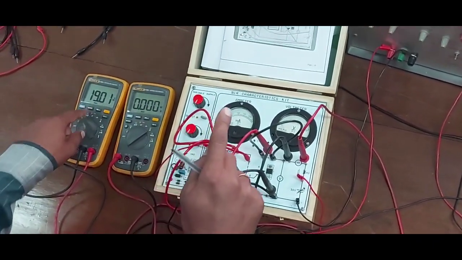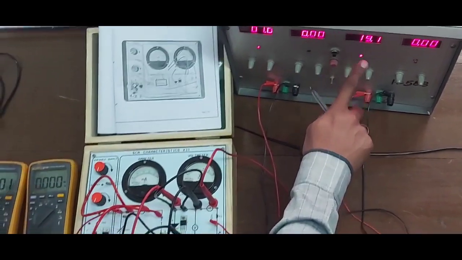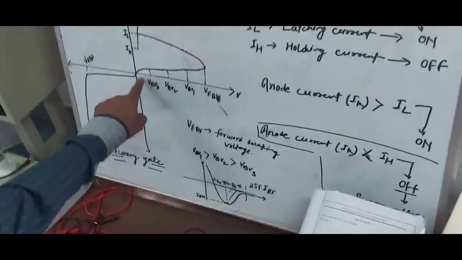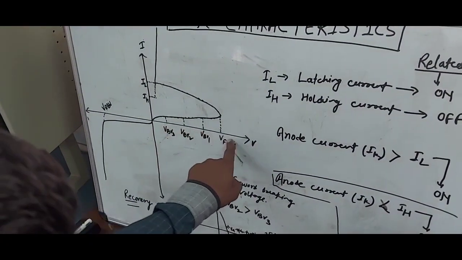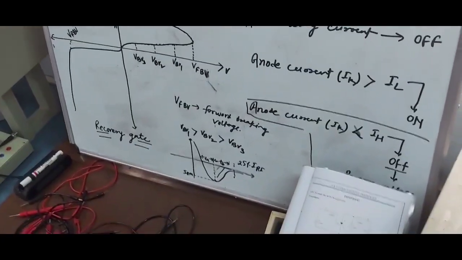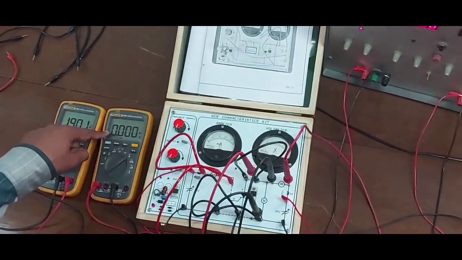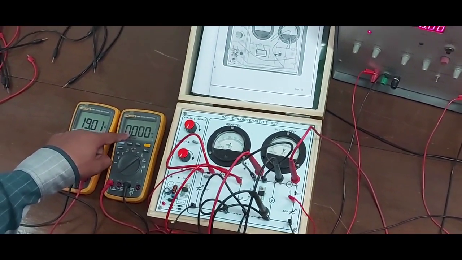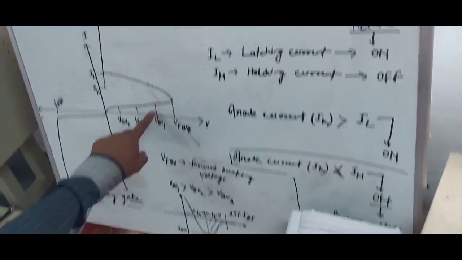So the anode cathode voltage is equal to the source voltage. On the VI waveform, if you vary the anode cathode voltage, a very small leakage current flows, but the multimeter is not capable of measuring microamperes; it only measures milliampere currents.